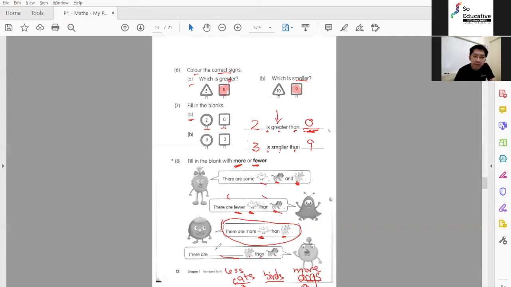Of course, there are fewer. Less. There are fewer. Okay, now that's number 8, and that's the final question for practice 2. If there's any numbers that you're not sure about, you can always go back to that number and learn how to solve the problem again.